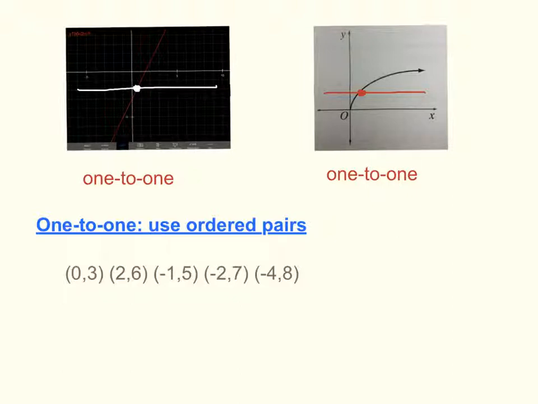You're not concerned at all with whether the x values are different, but the y values need to all be different and not any y value repeated for this function to be one-to-one. So 3, 6, 5, 7, and 8 represent distinct y values. None of them are repeated in the ordered pairs, so this is a one-to-one function.